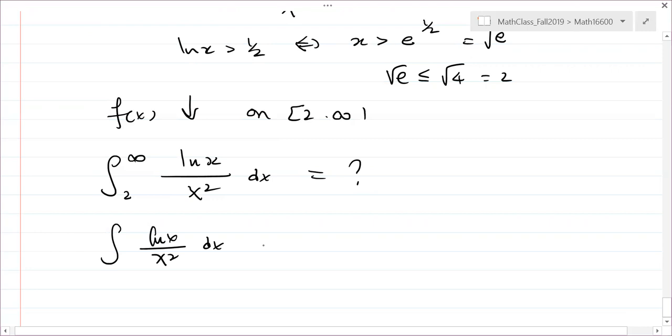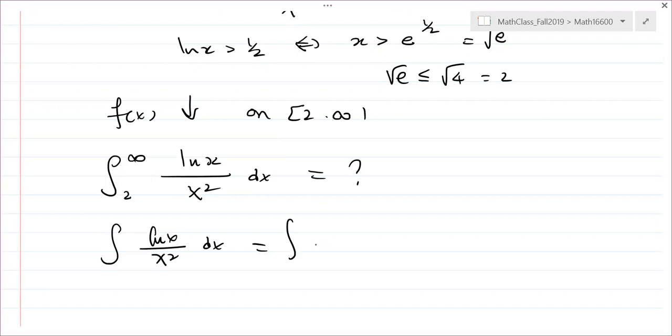How do you evaluate this integral? That's a good question. Can you use a substitution? Let u be natural log x. It does not work.